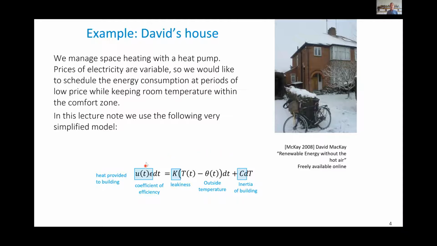If we put a lot of energy and the building has a lot of inertia, it will take a long time for the temperature to rise. If it has a lot of inertia and very good insulation, the leakiness is small, then once the temperature has reached a desirable value, we need to input very, very little amount of energy. This is a simplified model.